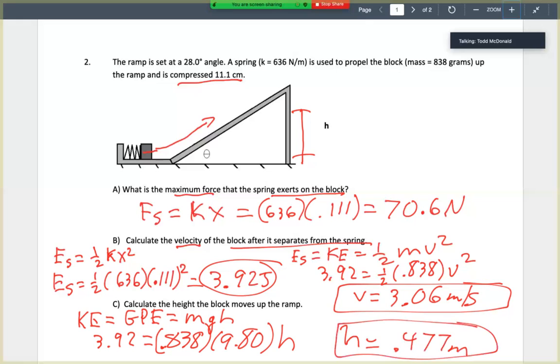And we talked about this before, whether or not it's launched straight up or it goes up the ramp, the block is still going to convert all of its kinetic energy into gravitational potential energy. So whether we treat it up the ramp or just straight up, it makes no difference. That h value is still going to be the same thing.